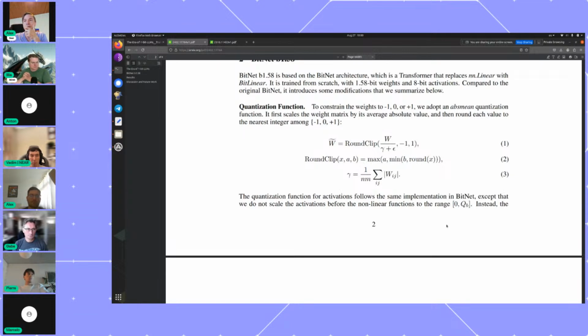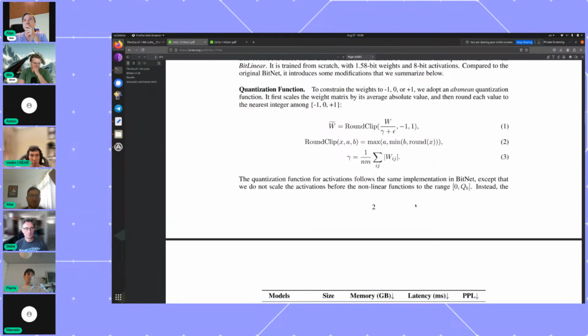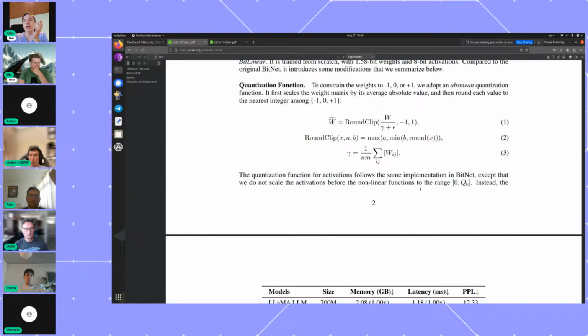The second benefit is that if on average 1 out of 3 values is 0, which is what they observe eventually, that the distribution of 1s, -1s, and 0s is more or less uniform, then 1 out of 3 times you perform no subtraction or addition. So you reduce the amount of computation by 30%.